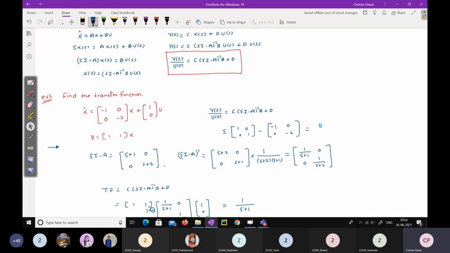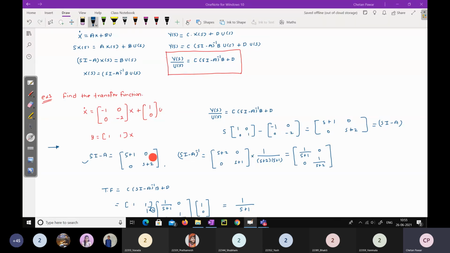If I perform this operation, my sI minus A matrix will be s plus 1, 0, 0, s plus 2, right? That thing only I have directly put here.